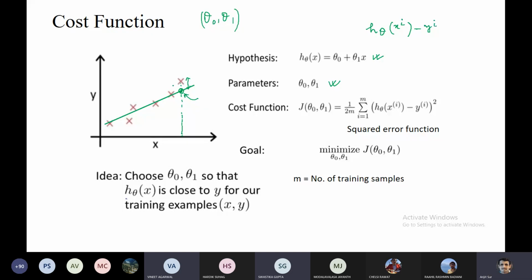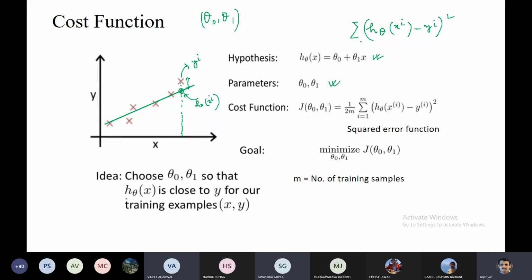This is the actual y of i, and this is the predicted h theta of x i. We take the difference between these two, and when we take the difference, we take the squared difference. Now this squared difference we sum up for all the data points.